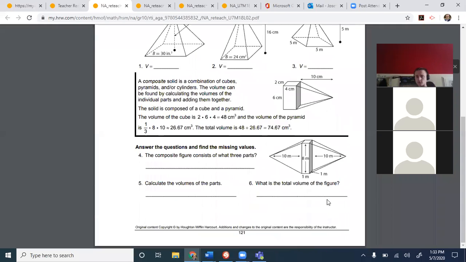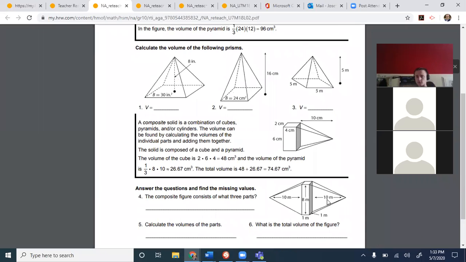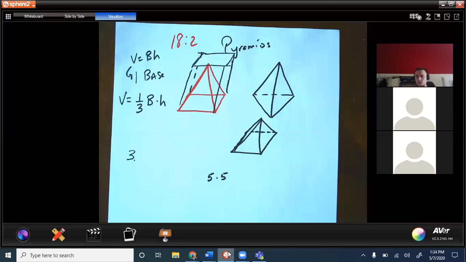Let's take a look at number 3. Number 3 says that we have a pyramid, as you can see, and it looks like it's a square. And so we have 5 times 5.